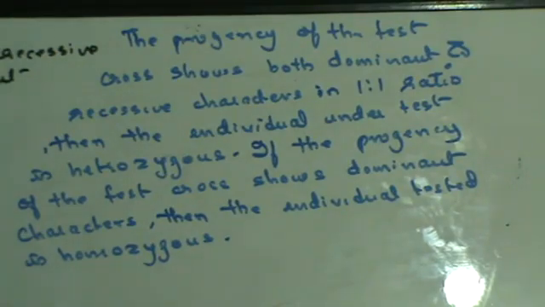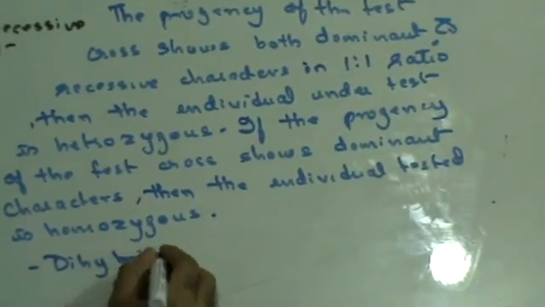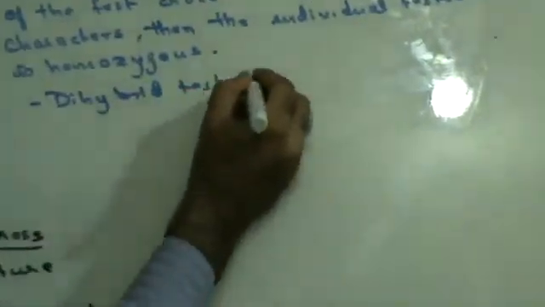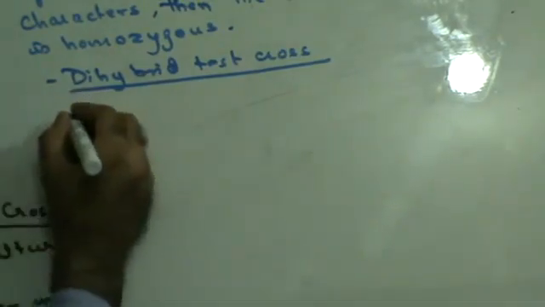Now we could do a test cross with a dihybrid. We could do a dihybrid test cross. Let's try to understand what a dihybrid test cross is. It's a cross between the F1 dihybrid and its double recessive parent. What is a dihybrid test cross?